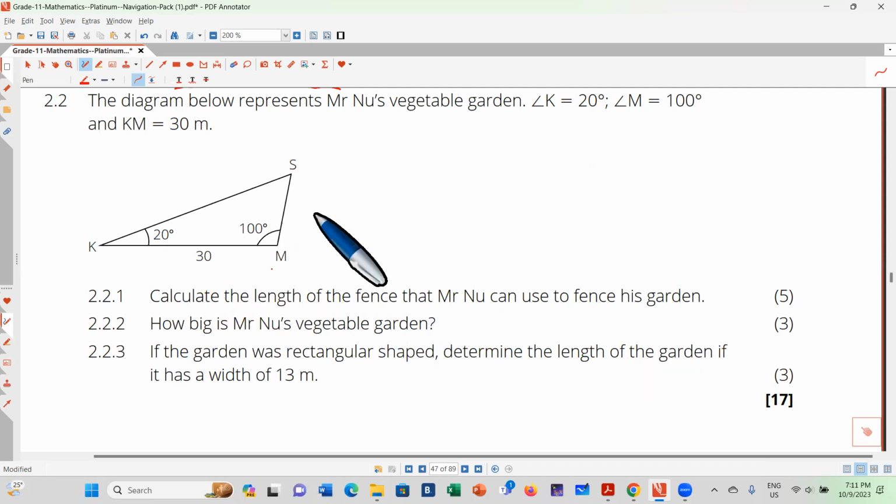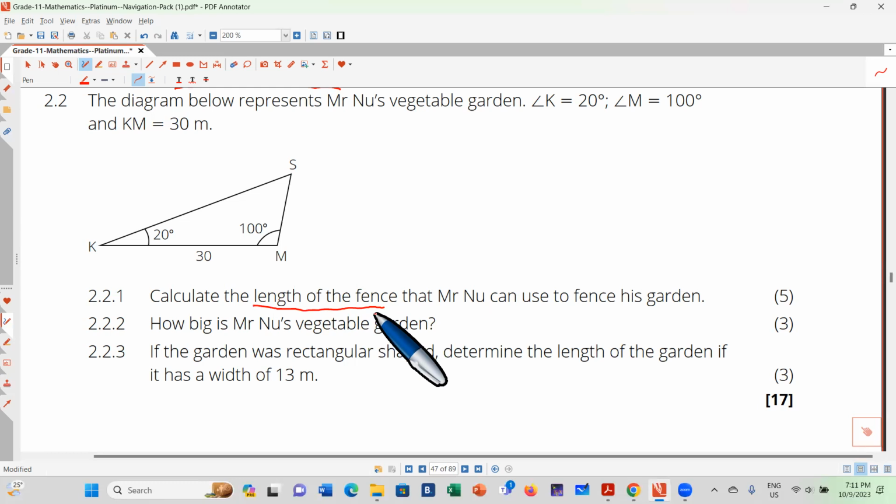So how much fence must be used? We must find this length and that length, and then add them together, and then we can know the length of the fence Mr. New has to use to fence this garden.